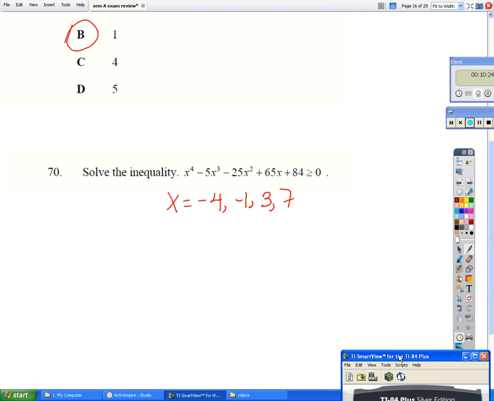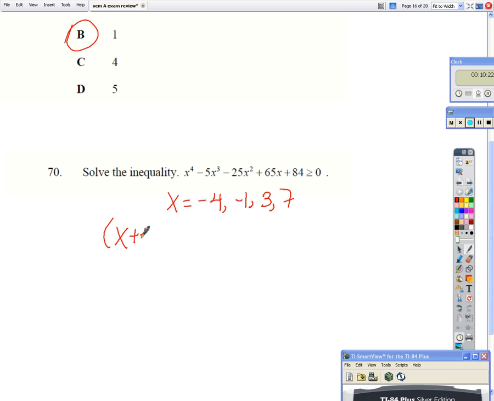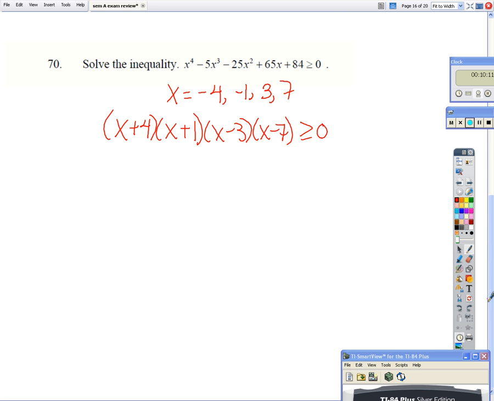So I write it in factored form and list my zeros. I'm going to put all my factors over here on the left.